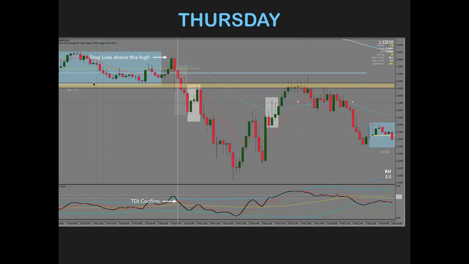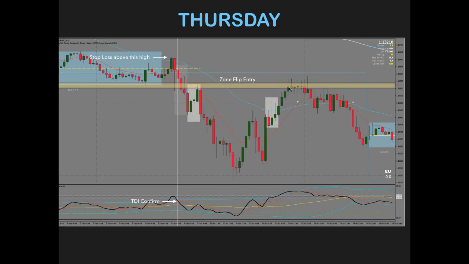You can see that this area that was previously a support area has now become an area of resistance. So price comes back up, trades back into this zone, and then rejects heavily. So you could have taken a zone flip entry right there, where price rejected the 13 EMA for a re-entry.